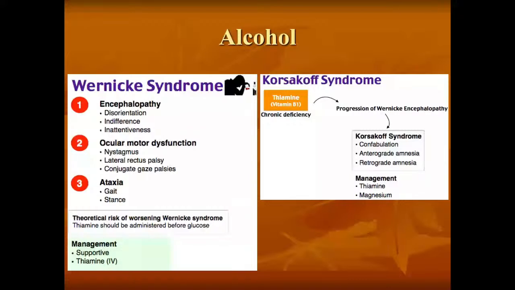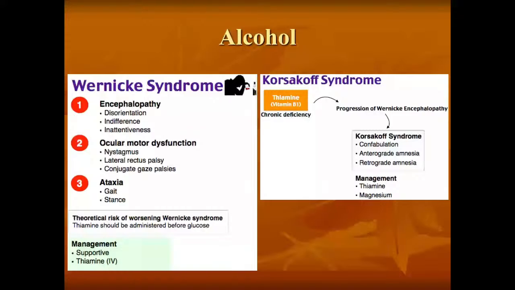So when we talk about alcoholism, two of the big things that we have to think about in the ER and even in the ICU, I've had a few of these patients admitted to the ICU, young patients too, 40s, 50s. We talk about Wernicke syndrome, and if it goes undetected and it's chronic in nature, it becomes Korsakoff syndrome. So Wernicke syndrome, you get this triad of encephalopathy, ocular motor dysfunction, and ataxia.